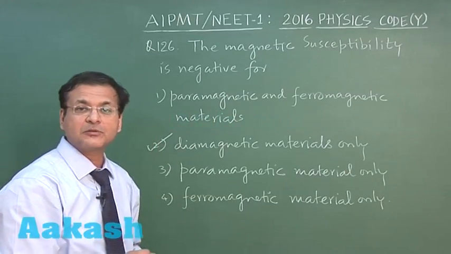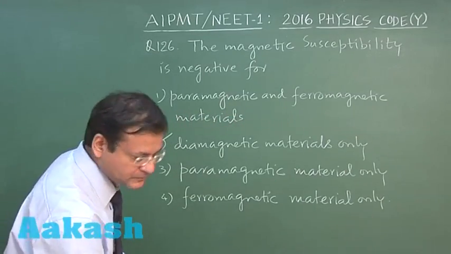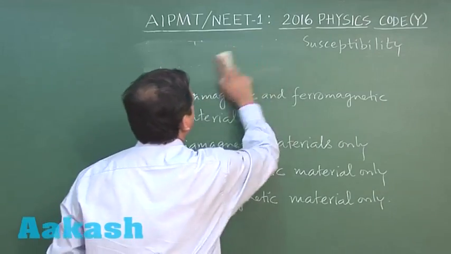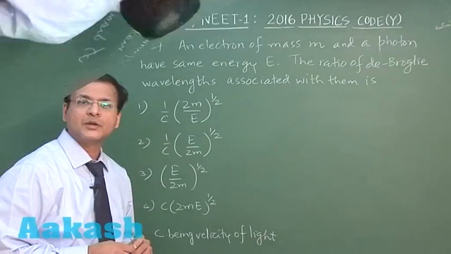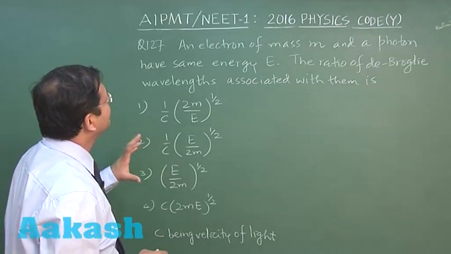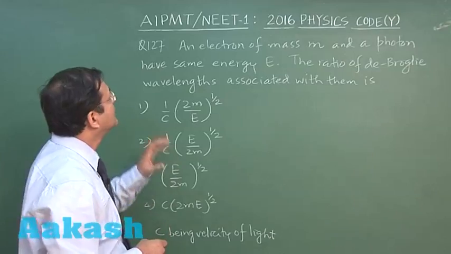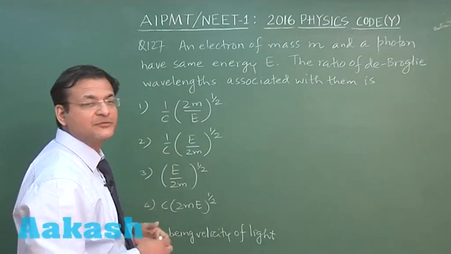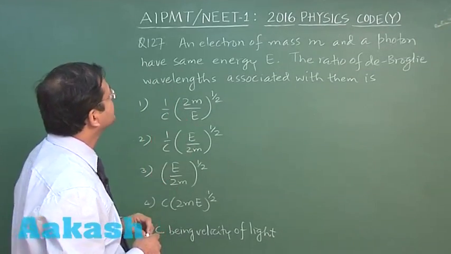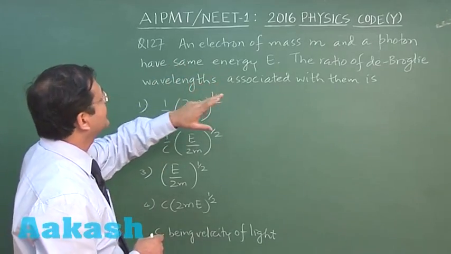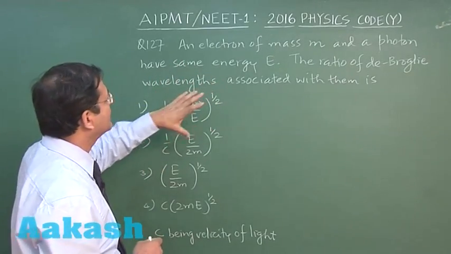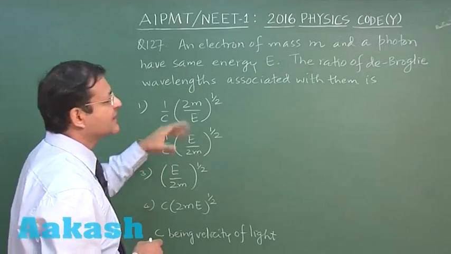Switch over to next question, question 127. Now in this question 127, you are supposed to take the ratio of de Broglie wavelength, lambda. You have to use different formulas for electron and photons. It says that an electron of mass m and a photon have the same energy E, the ratio of de Broglie wavelength associated with them.